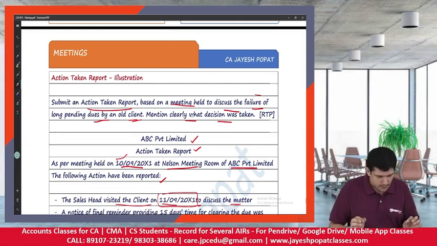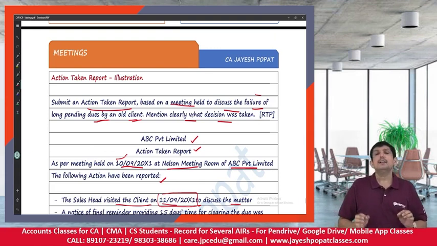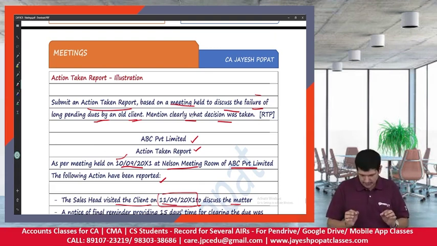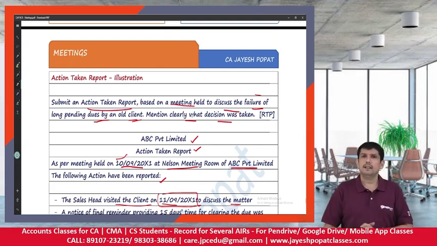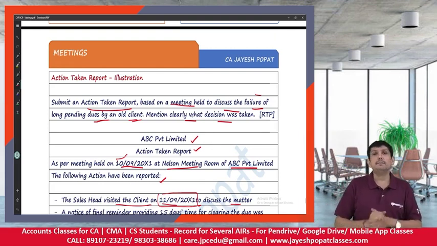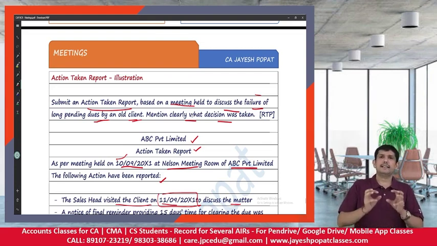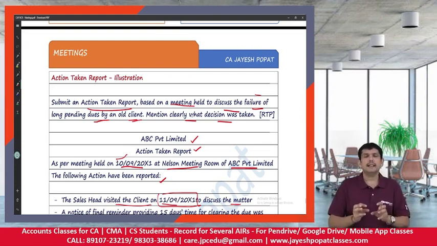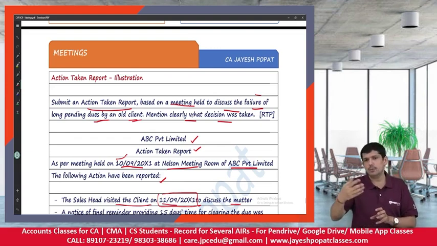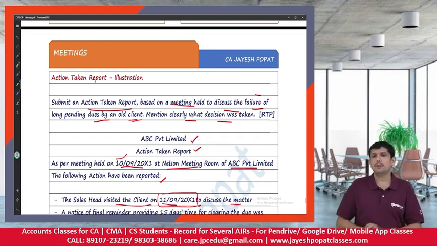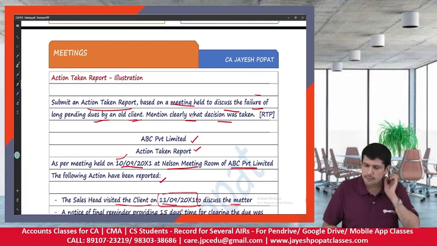Now one thing I would require you to do is, please take out some time today, go through the entire thing which we have discussed, and draft at least 2 agendas and 2 to 3 minutes of the meeting. There's no more ATR which we found from the past papers or RTPs or MTPs.